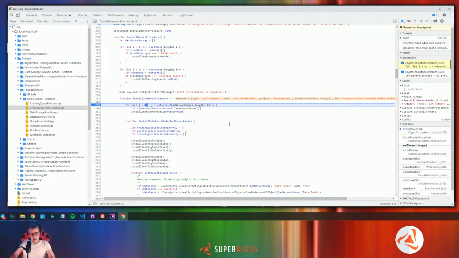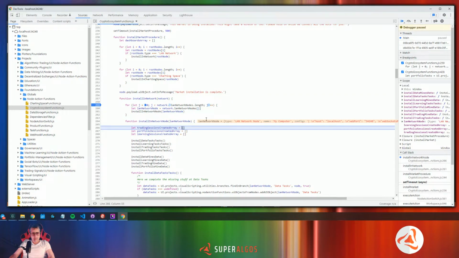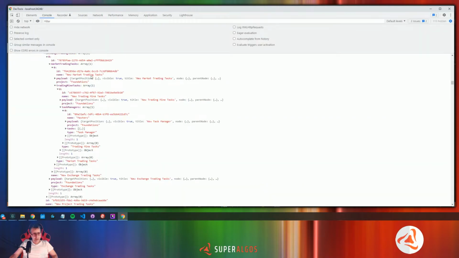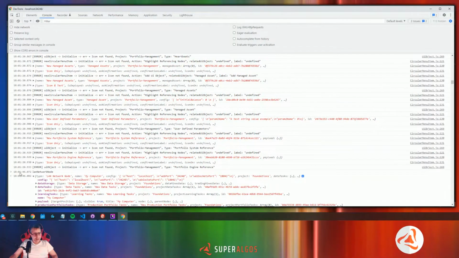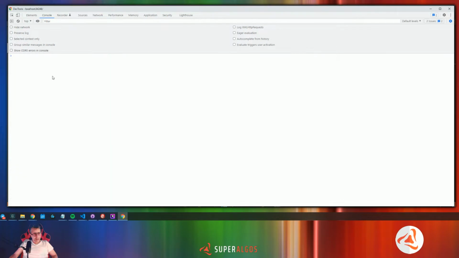So there is only one network. So LAN network node, what do you have inside? Let's clean this up.